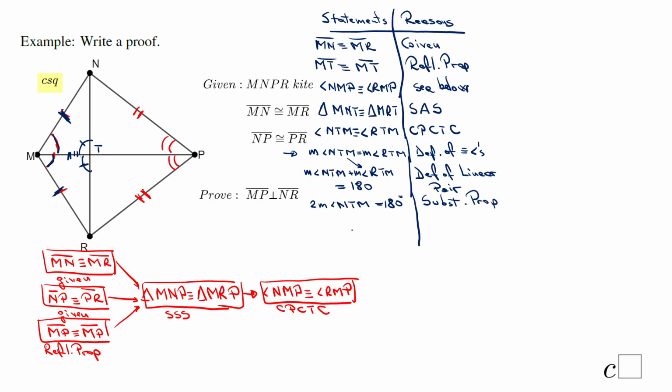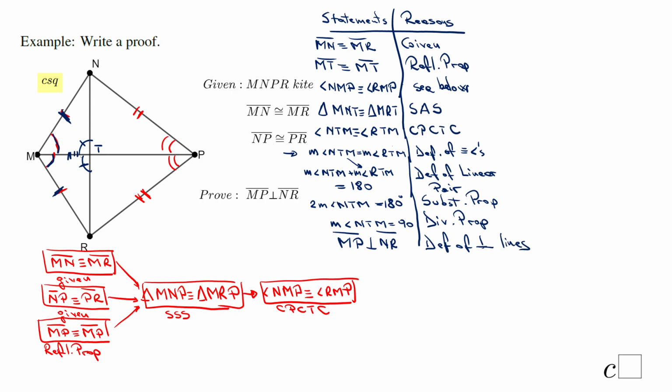Then I will divide by 2 and get the measure of angle NTM equals 90, and that will be the division property of equality. And now that tells us MP has to be perpendicular to NR, because this is the definition of perpendicular lines. This is the sign of perpendicular lines.